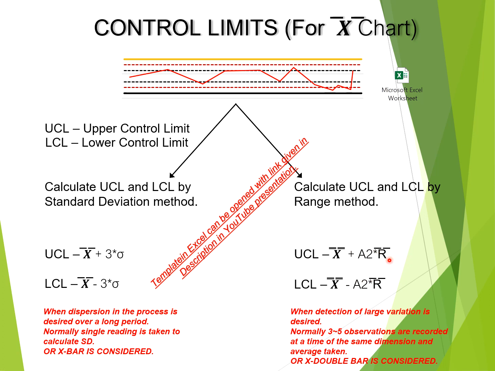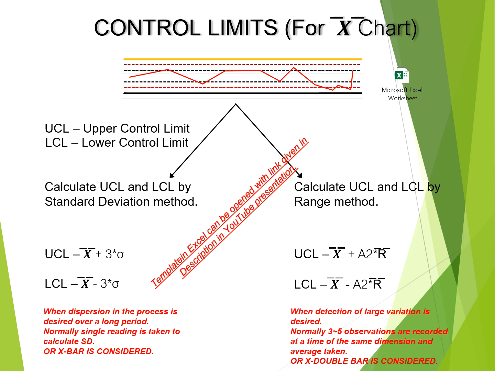R is the range. After that, if we add X double bar and the multiplication of A2 and R bar, we get the upper control limit. And if we subtract the value of A2 times R bar from X double bar, we will get the lower control limit. This method actually is used when we have to detect the large variation.